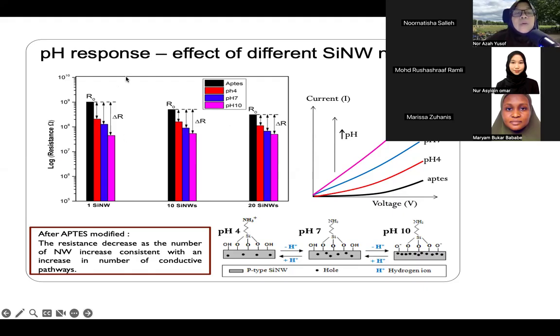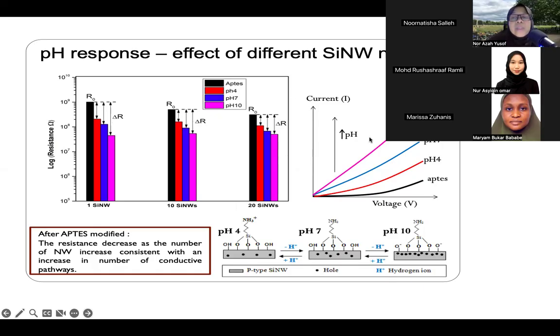From here you can conclude that one silicon nanowire has a significant change in resistance compared to 10 or 20 silicon nanowires. For you it is probably not significant, but for certain types of work, small numbers, even small value differences, are very important.